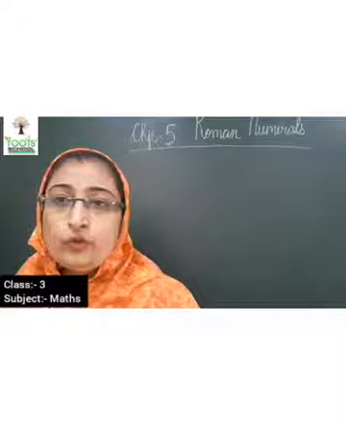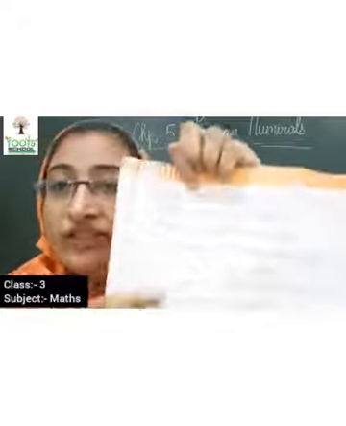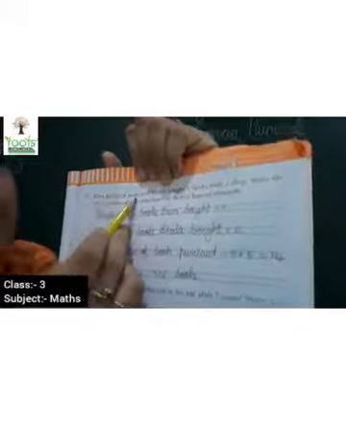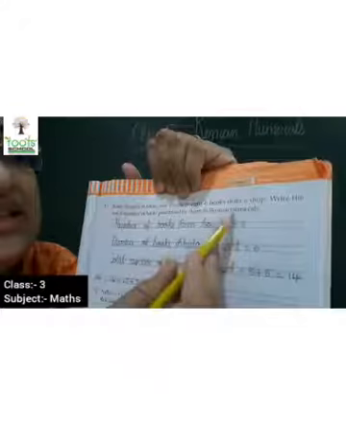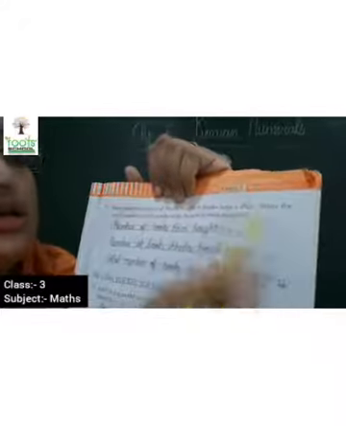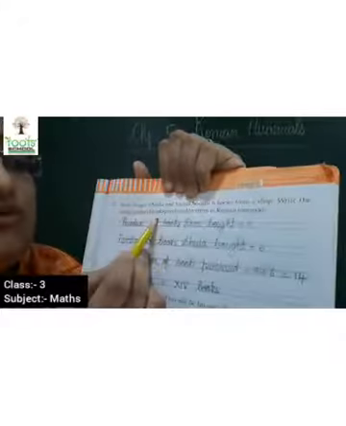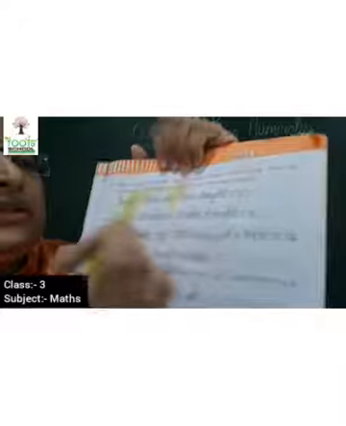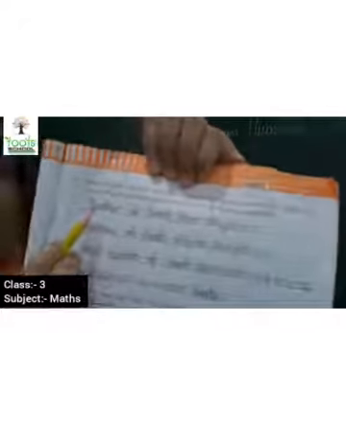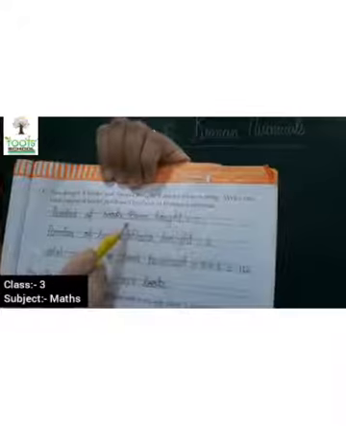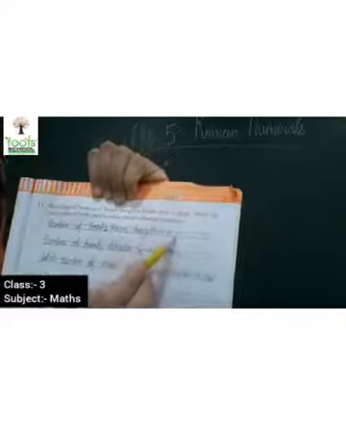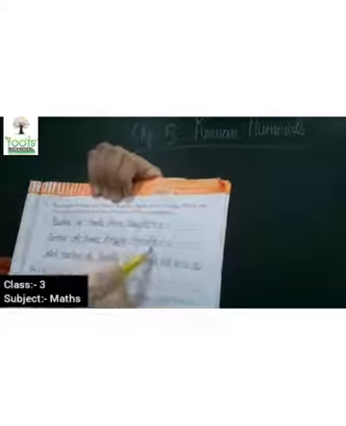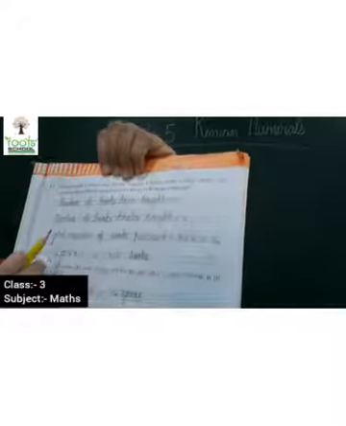Okay kids. Now we move on to sum number 11. Read what it is. Ram bought 8 books and Sheila bought 6 books from a shop. Write the total number of books purchased by them in Roman numerals. So how are you going to solve? Number of books Ram bought is equal to 8 and number of books Sheila bought is equal to 6.